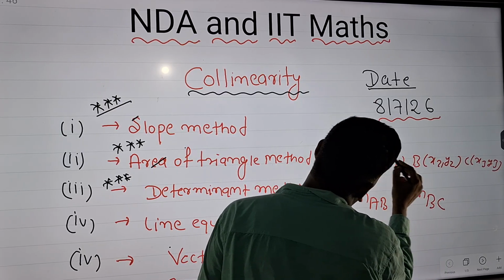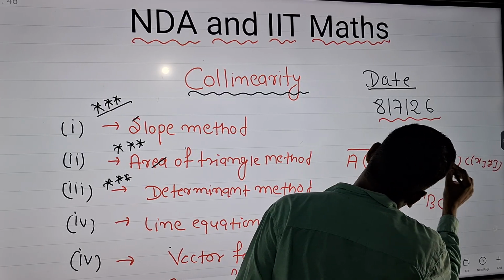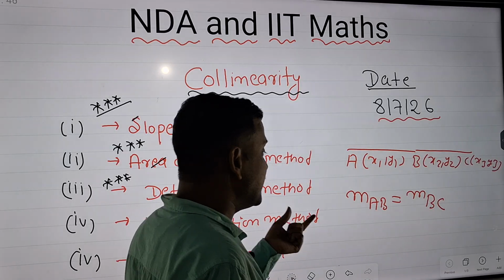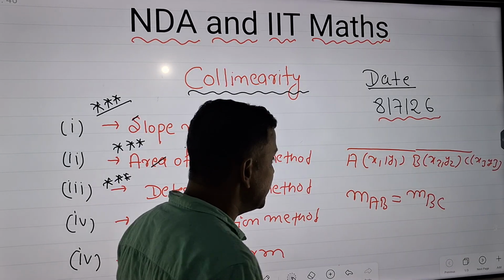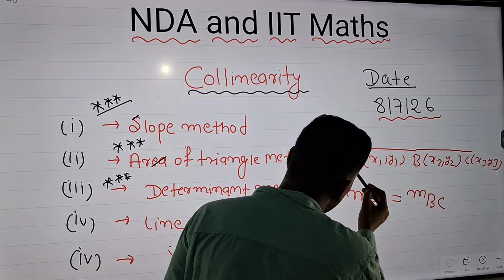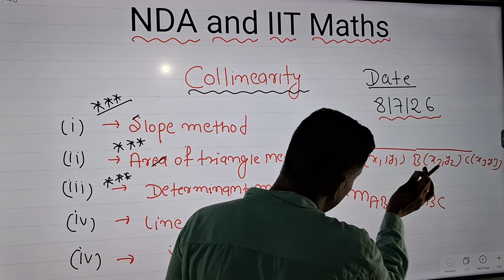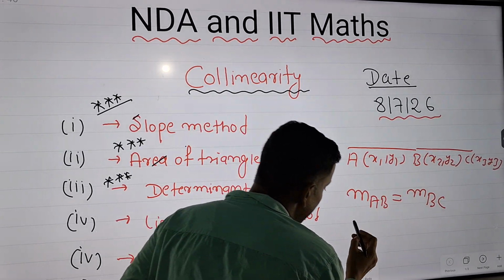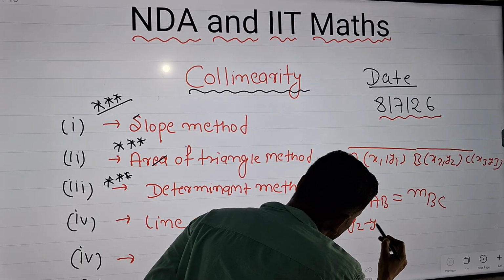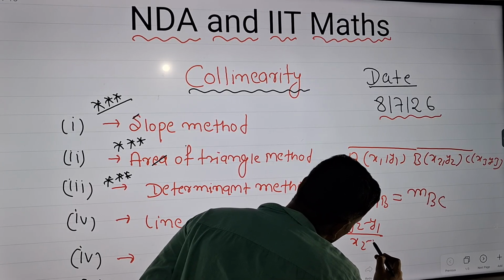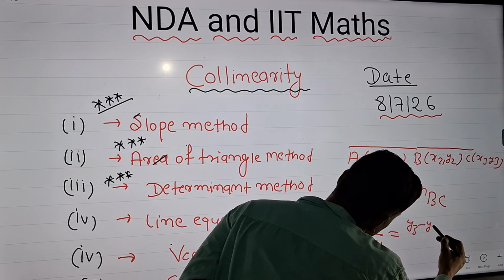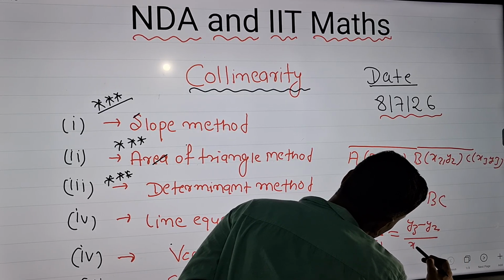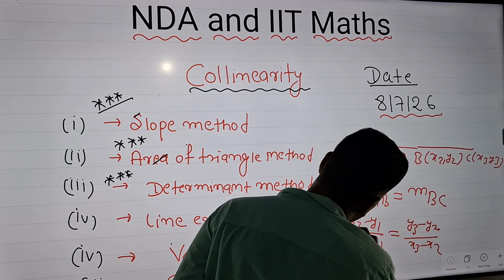If the slope of AB equals the slope of BC, then these 3 points A, B, C are collinear. You know how to find the slope of 2 points: y2 minus y1 by x2 minus x1 equals y3 minus y2 by x3 minus x2.